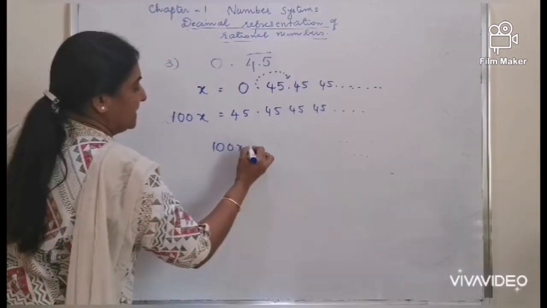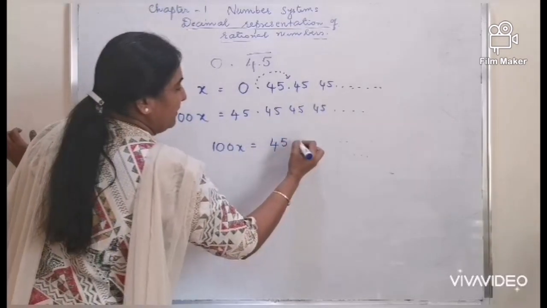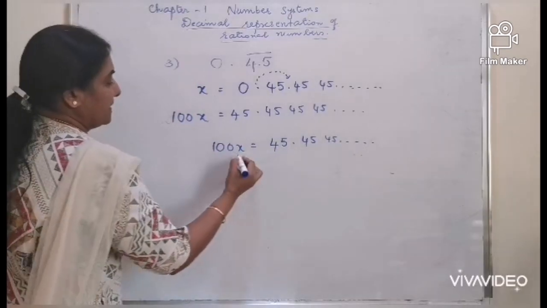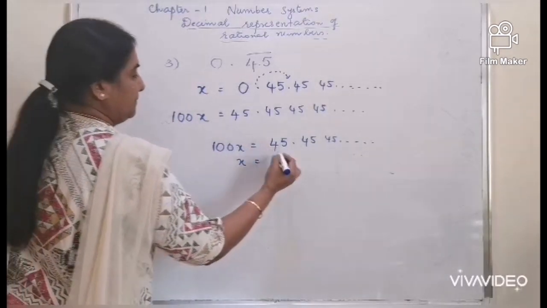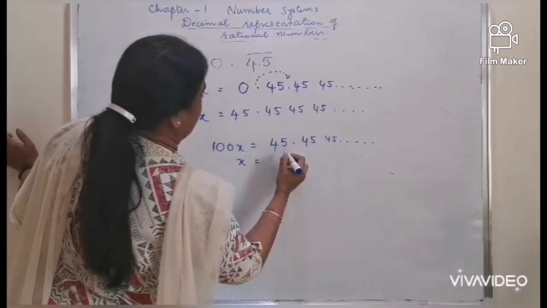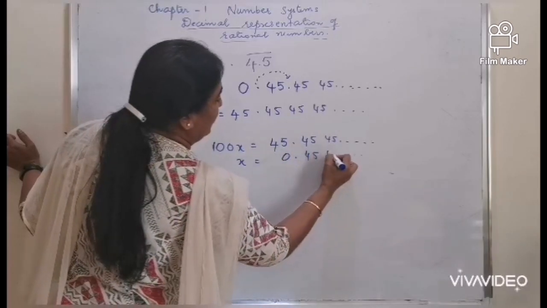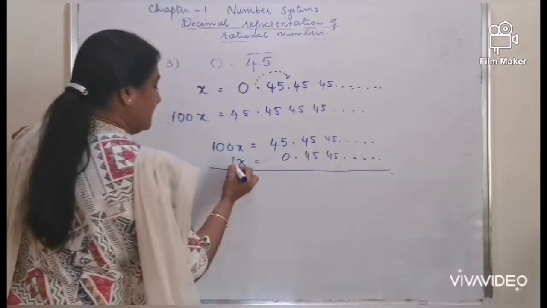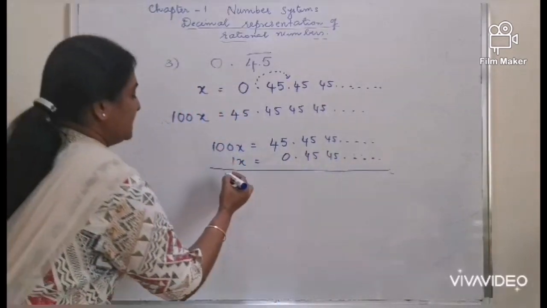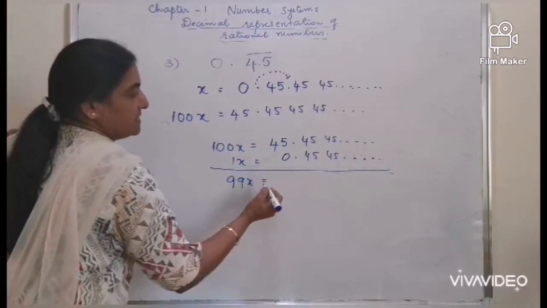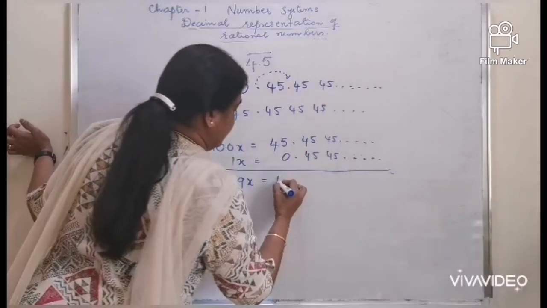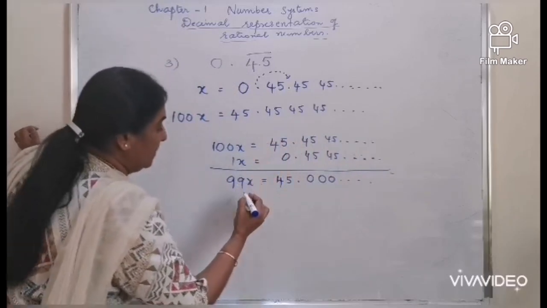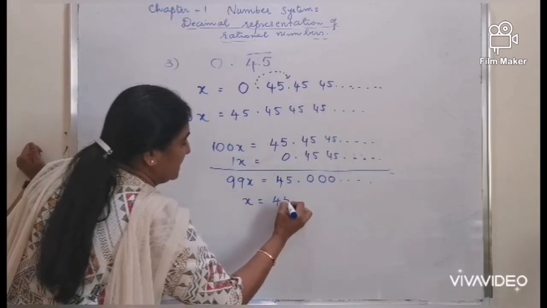Rearranging, 100x is equal to 45.4545, etc., and x is equal to 0.4545, etc. By subtraction, 100x minus 1x is 99x, equal to 45 minus 0 is 45, and the decimals cancel, so the value of x is 45 by 99.